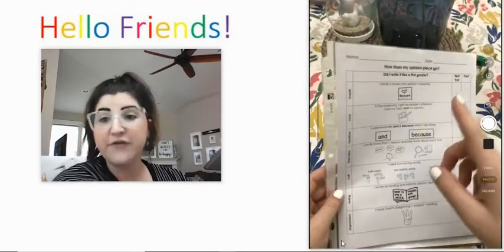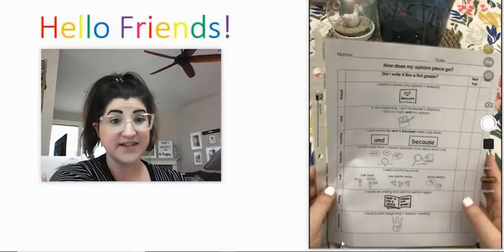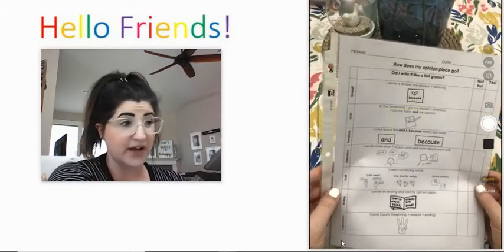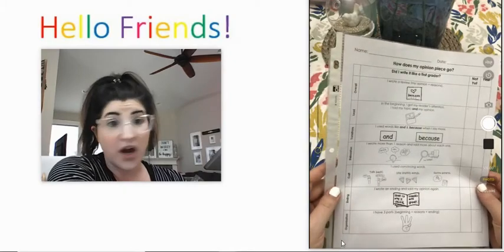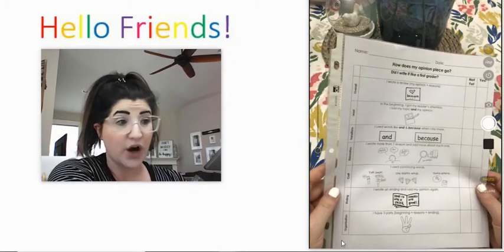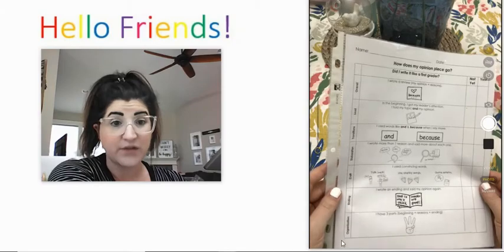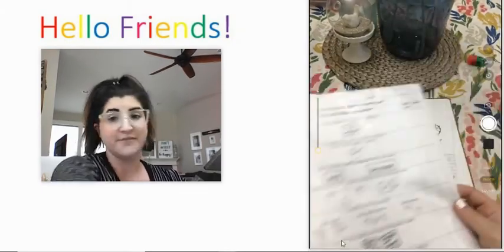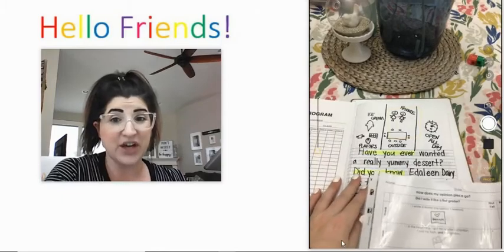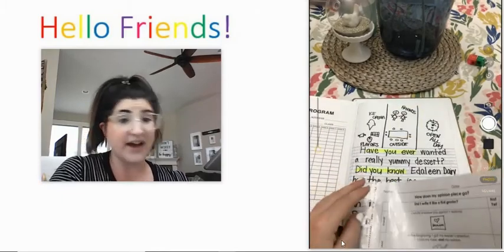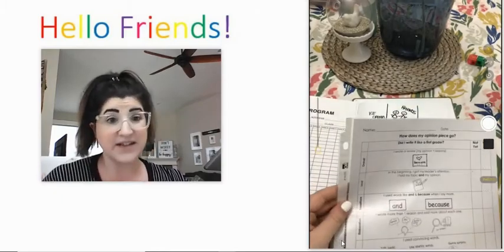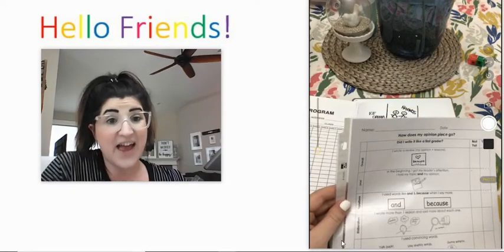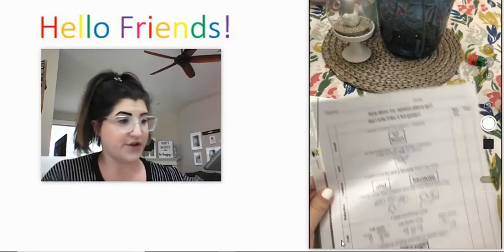So the very first thing on our editing checklist that we're looking for in our writing is to make sure that we wrote our opinion about something we feel strongly about. And I can look at my plan and know right away that I'm telling all of you guys about Edaline Dairy and how you should go there for dessert.